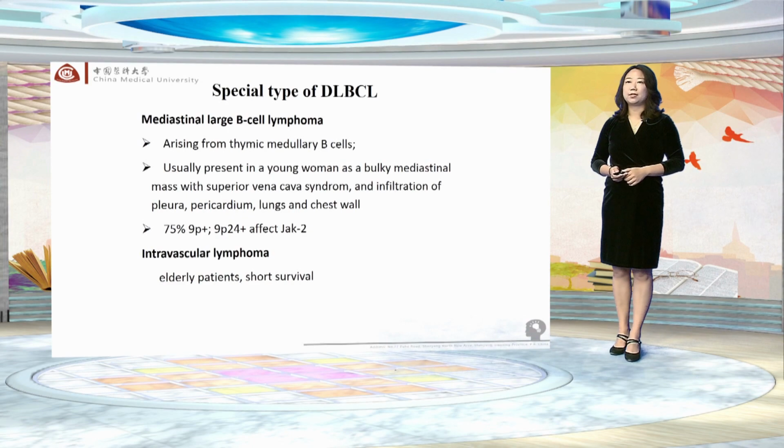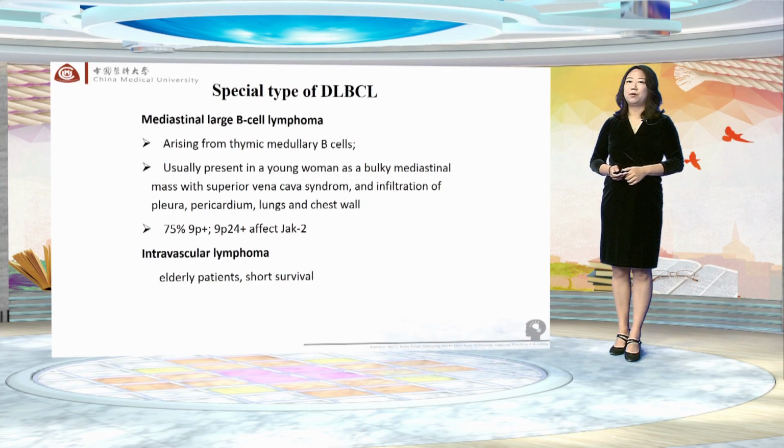The most frequent karyotypic abnormalities are 9p+, 2p+, and XXY. The 9p24 gain affects the JAK2 locus. Despite an aggressive presentation and course, the outcome seems to be better when compared with other DLBCL.